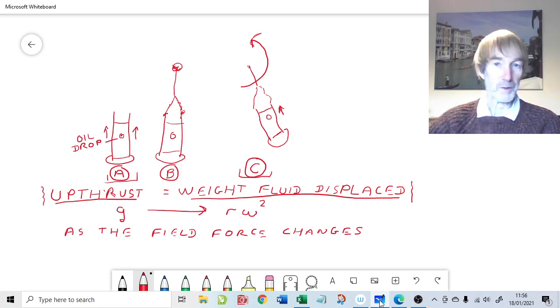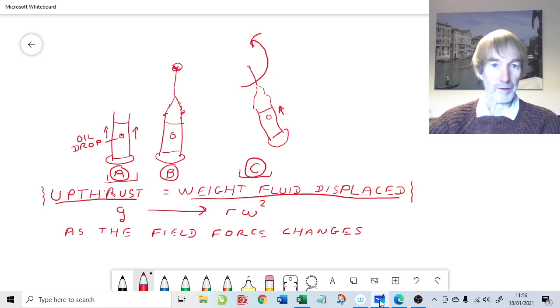So although it's a dispersed phase inside a continuous phase of water, it won't be moving outwards, it will be moving upwards, just as the droplet was going to float in our system under gravity.